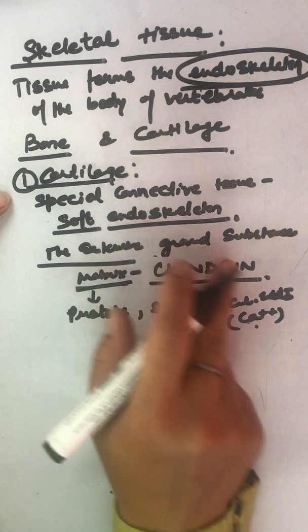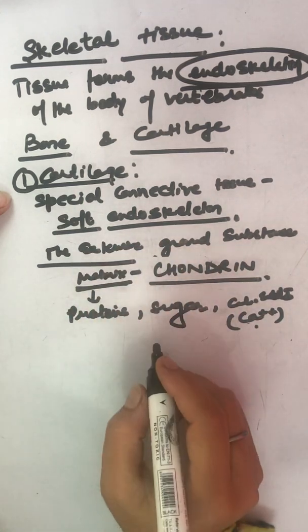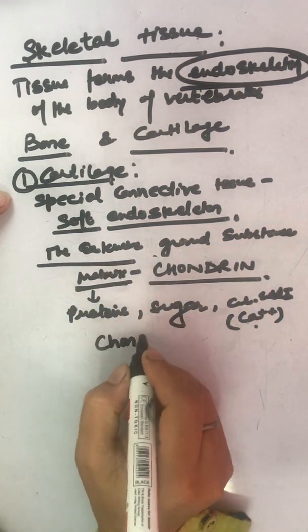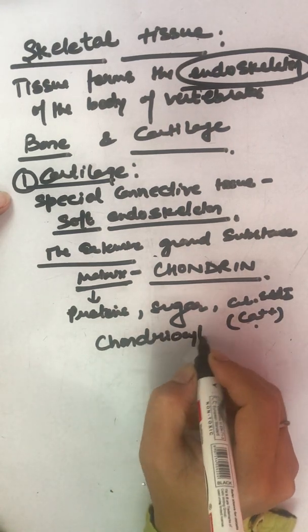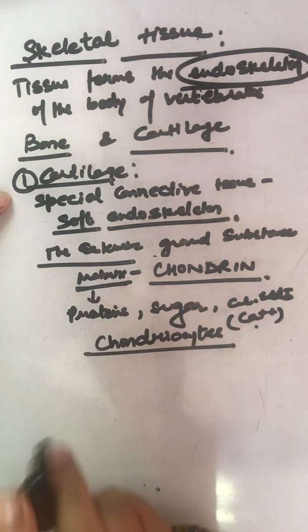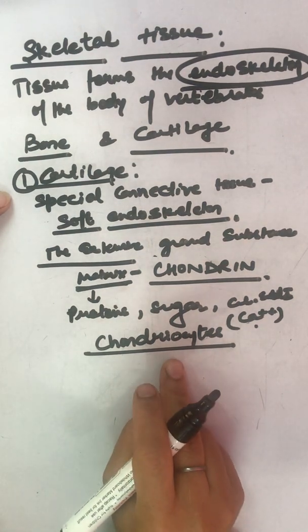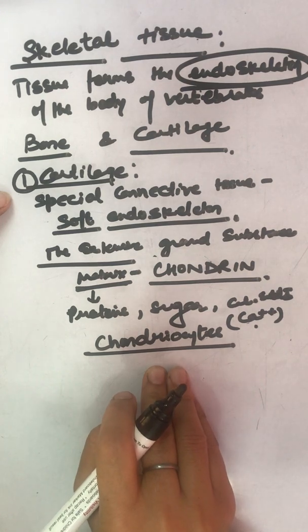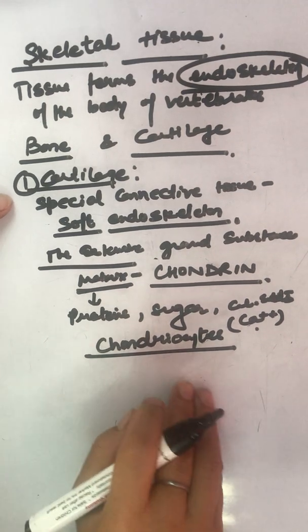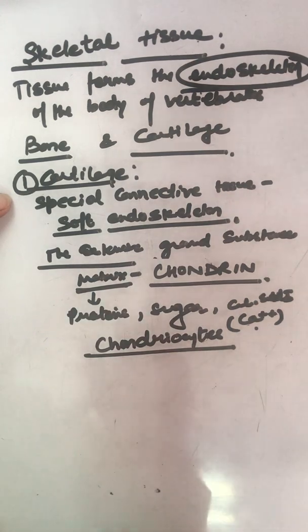The cells in the matrix are known as chondrocytes. And these chondrocytes are always surrounded by a fluid-filled space known as lacunae. Lacunae means the cavity. The chondrocytes are widely spread.